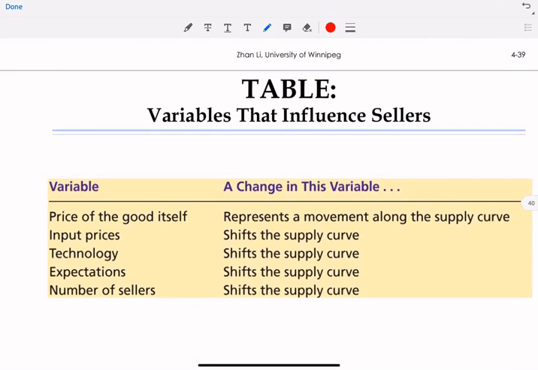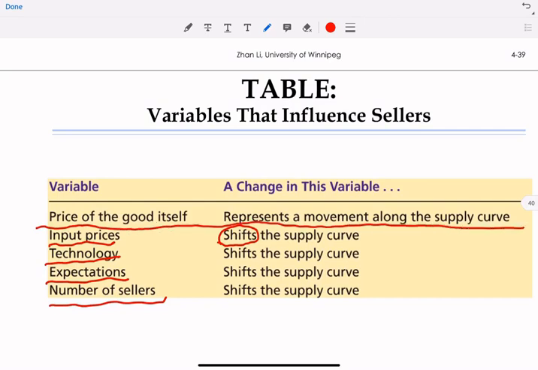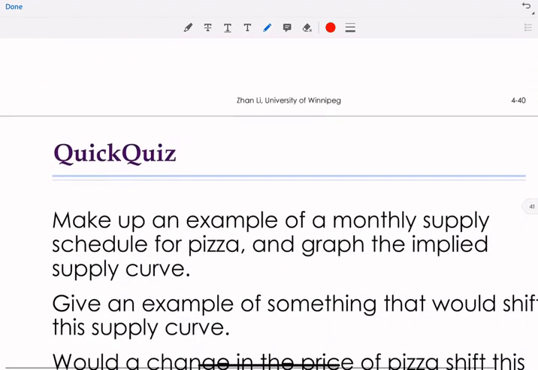So basically, input prices, technology, expectations, and the number of sellers would shift the supply curve, right? The other case is the price of the product itself, right? If there's a change in the price of the good itself, then it represents a movement along the supply curve.